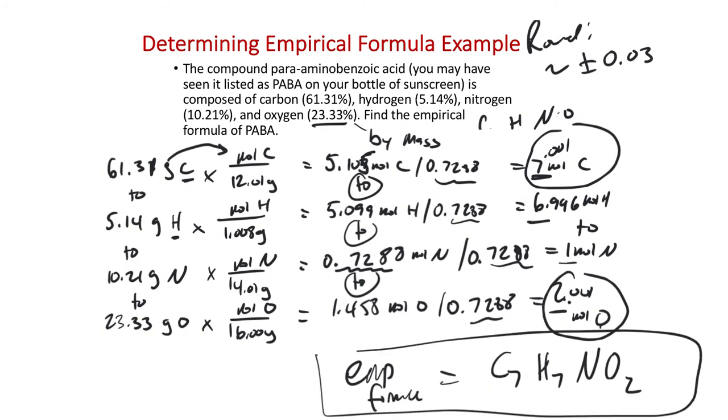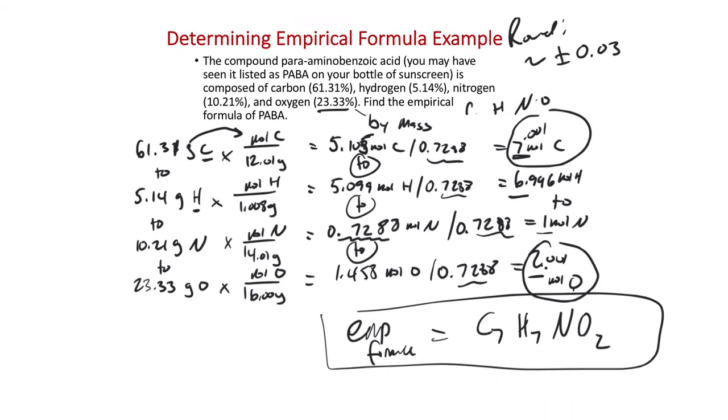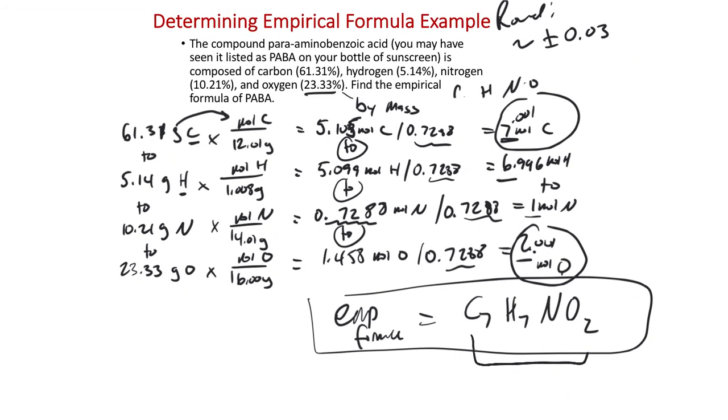The simplest ratio of C to H to N to O in this compound. Now, this could be the molecular formula. We just have to know the molecular weight. So something you could calculate is, what's the empirical formula weight? There's just the 7 carbons.